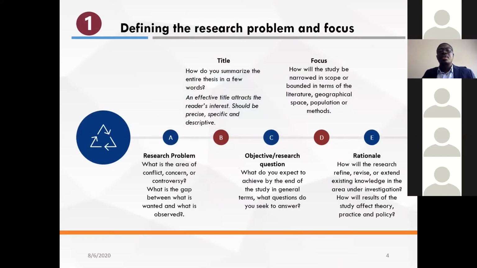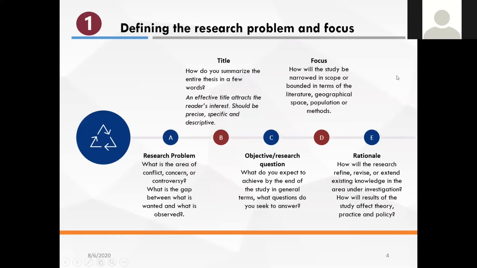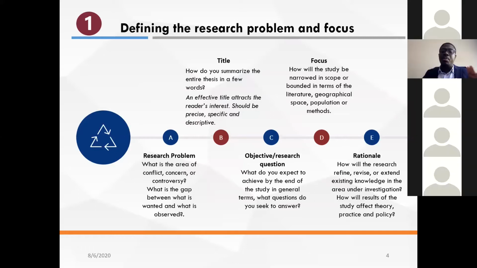Yeah, so first, you have to define the research problem and focus. As part of defining the research problem and focus, you always begin by identifying a research problem. I always say that the research title is actually a summary of the entire work. And so you always have to begin by first identifying a problem, because as for the title, it can change. Titles get changed even at the end of the whole process.